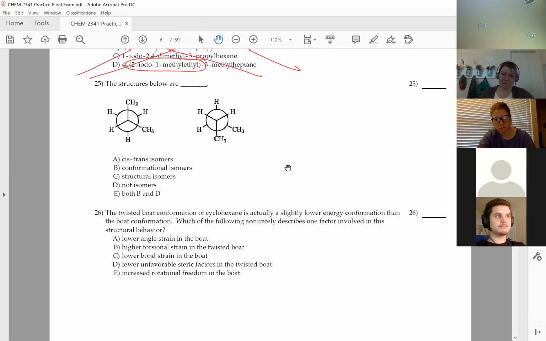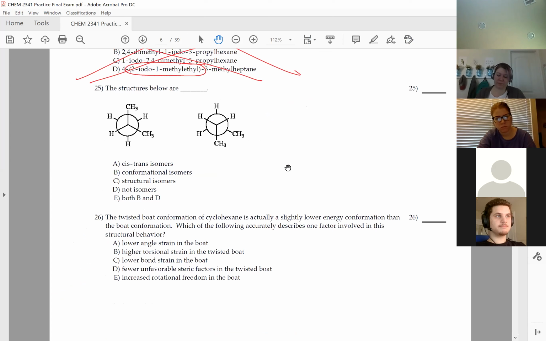Okay, look at number 25. The structures below are blank. How are these two related to each other?